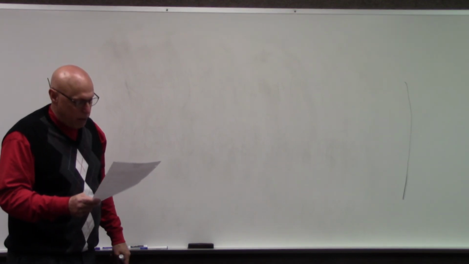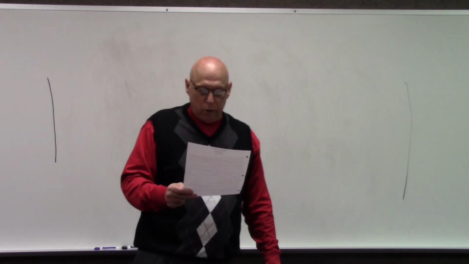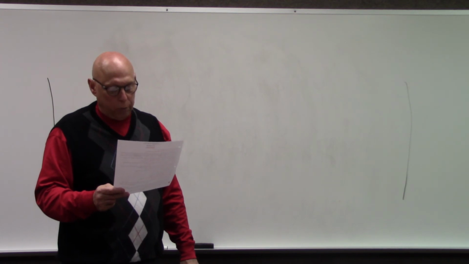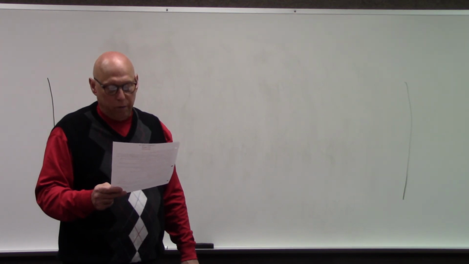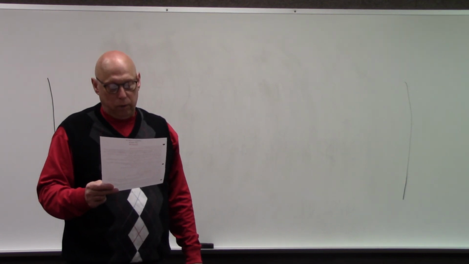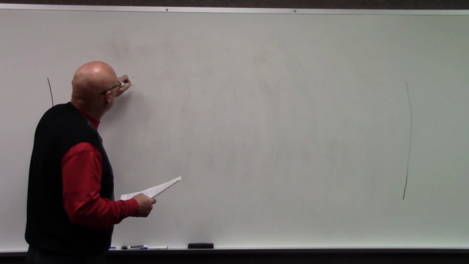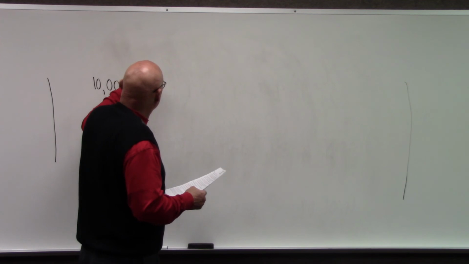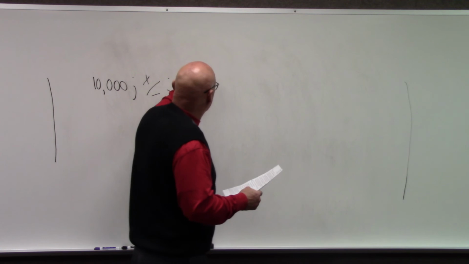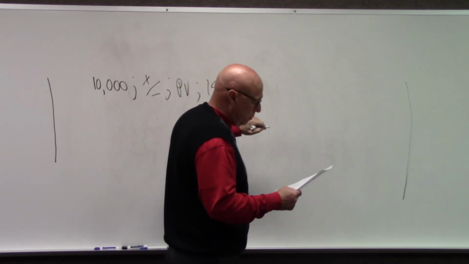All right. Number 9. You're saving for a down payment on a house. You put in $10,000, and you will need $15,000. If you can earn 12% per year on your investment, how long before you will have enough money? Compute N. So 10,000, plus/minus, is your present value. 15,000 is your future value.